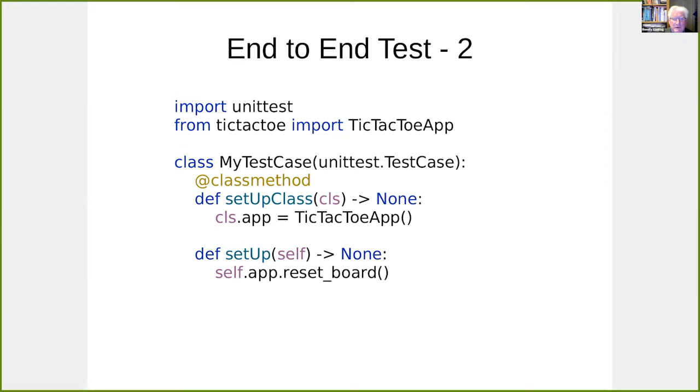And then for each individual test that you want to run, setUp will get run. And the key thing that setUp needs to do is clear the board from the previous test. Otherwise, one test would leave noughts and crosses on the board, which the next test would be confused by.